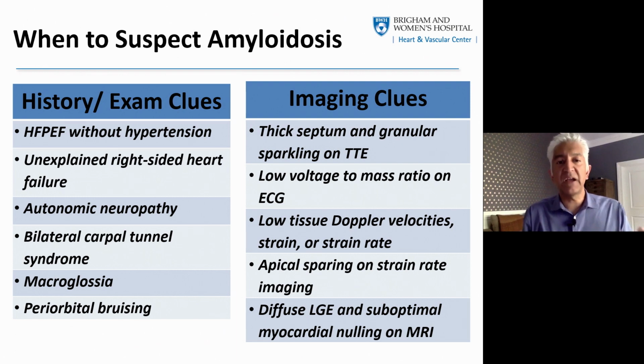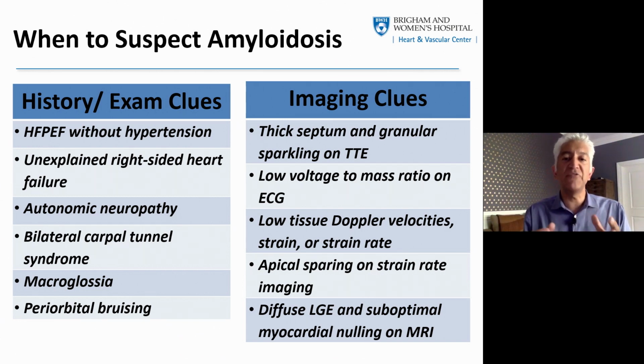So when to suspect amyloidosis? In general, we want to think about this entity in patients with heart failure without hypertension, those with unexplained right heart failure, those with dysautonomia. Think about bilateral carpal tunnel syndrome or biceps tendon rupture as a clue to amyloidosis. And for AL disease or light chain disease, patients may have a thick tongue, big shoulders, and a lot of periorbital bruising.